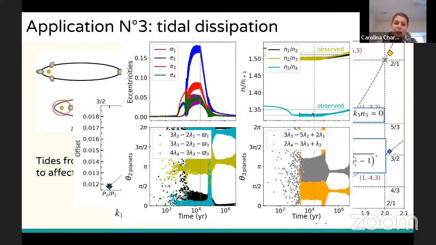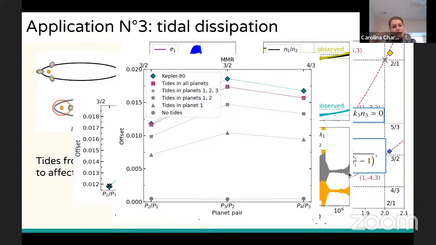We see that when the planets migrate because of the disk, they get close to the commensurability, the eccentricities get excited, and the angles begin to vibrate, so they are captured in the resonance. But when we let the system evolve because of tides of the star, the eccentricities decrease, and the system departs from the resonance over a long period of time. But the angles never leave the resonance, so they are still captured. In fact, they have less amplitude of oscillation.